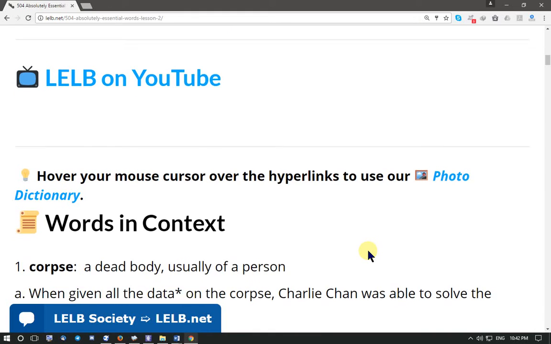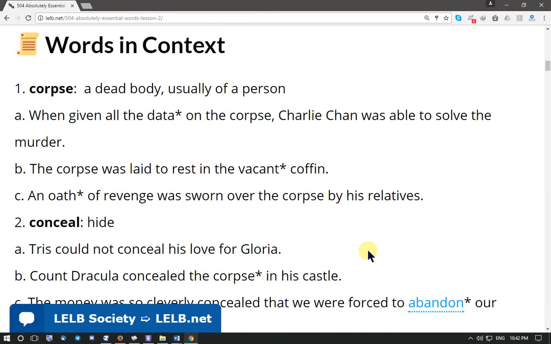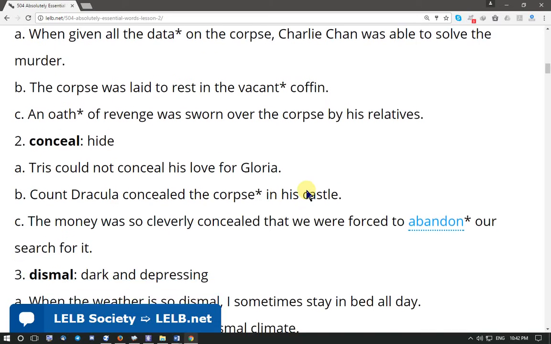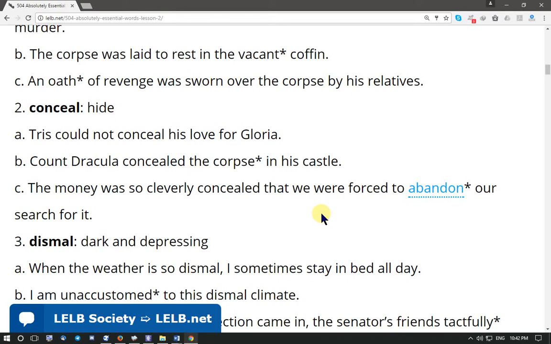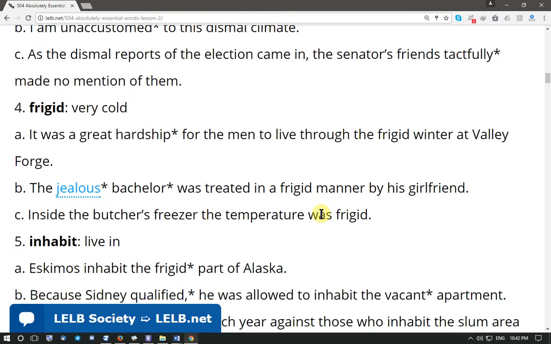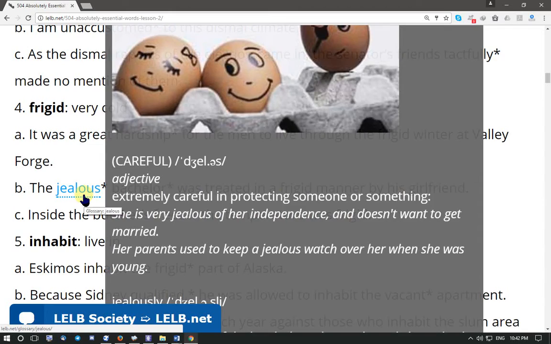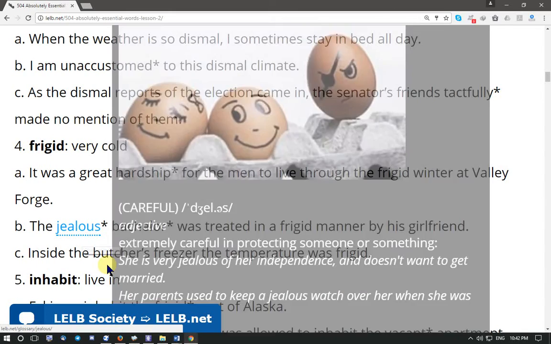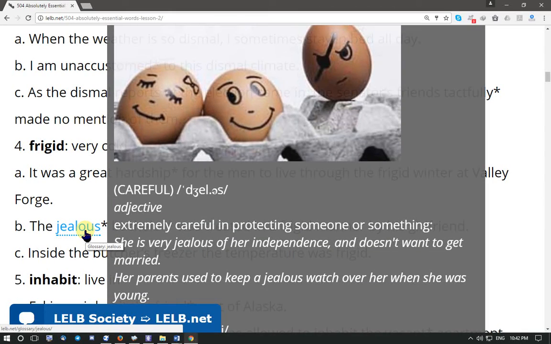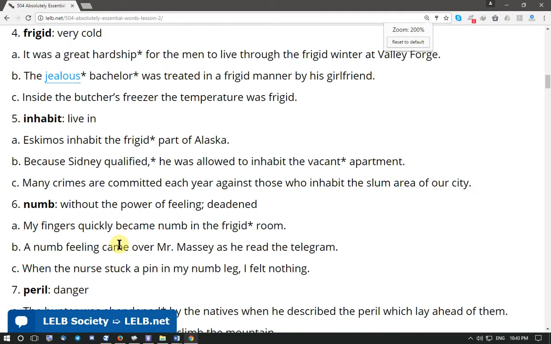As usual, I'm going to show you the flashcards in this unit. So let me see. Jealous. As you can see, if you hover the cursor of your mouse on the words, you will see the illustrations. And this is for jealous.